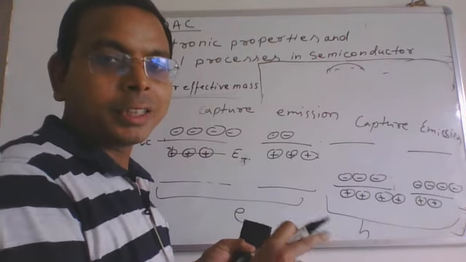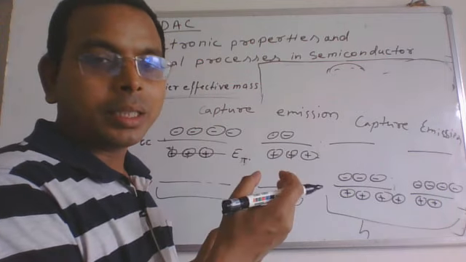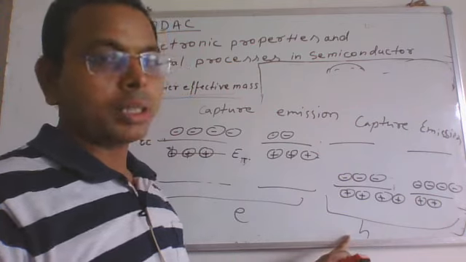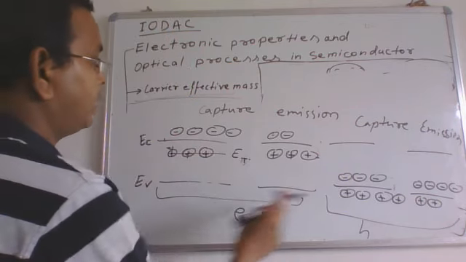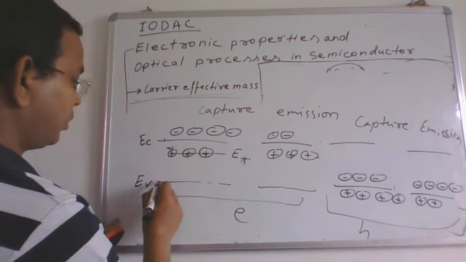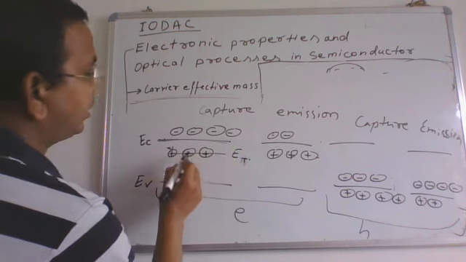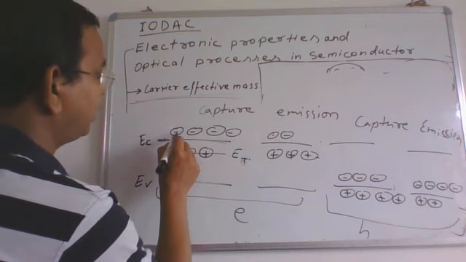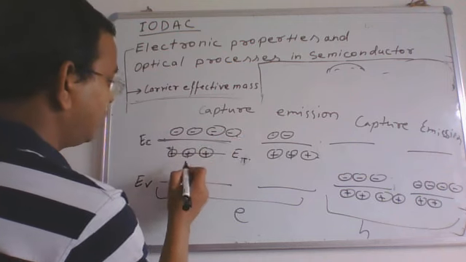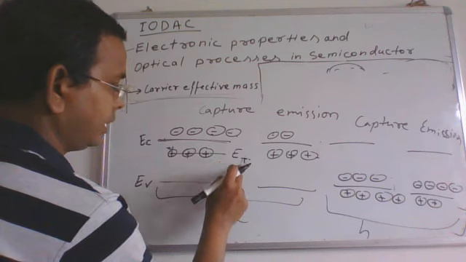So recombination takes place with the help of electron capture or emission, or hole capture or emission. So here is the diagram to represent all these four phenomena. Suppose this is the valence band and this is the conduction energy band, and there are some impurities, some excess electrons near the conduction band, and there are some impurity ions, plus ions, here, Et.